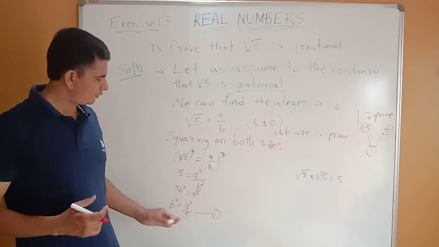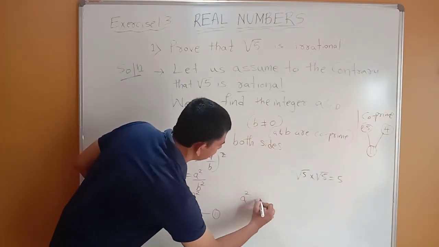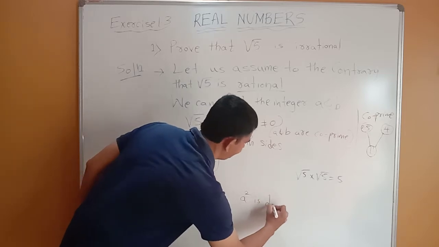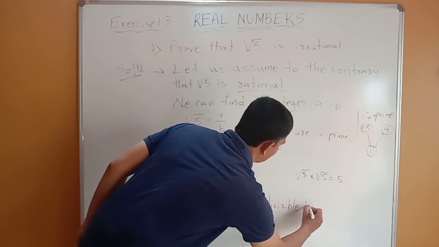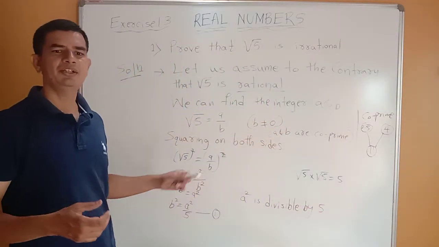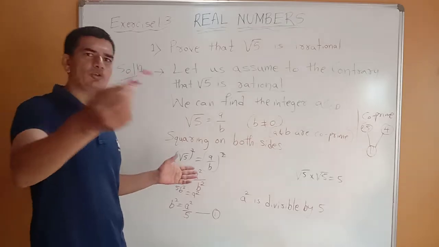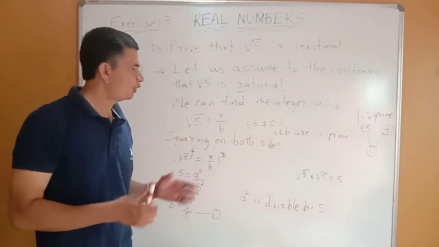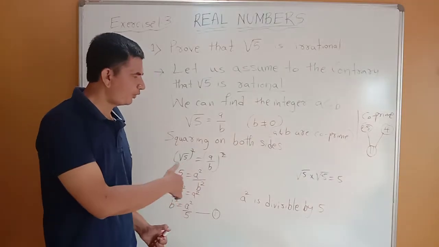Now one more step we have to write: a square is divisible by 5. If you have not written this, you can pause the video and write it. Now let us see what we can do next.